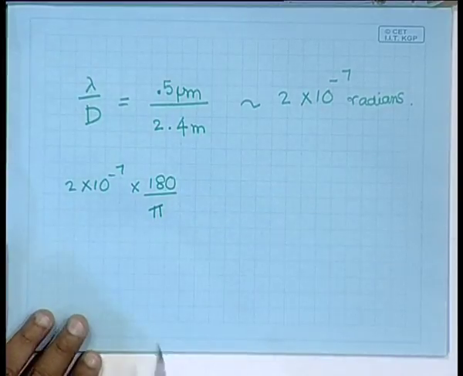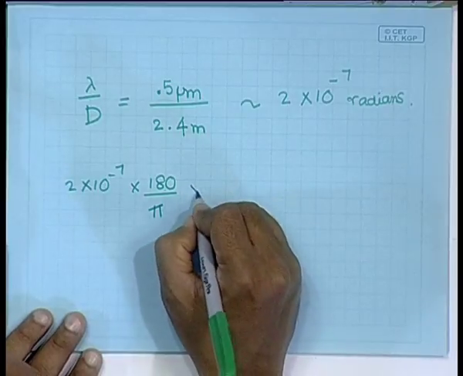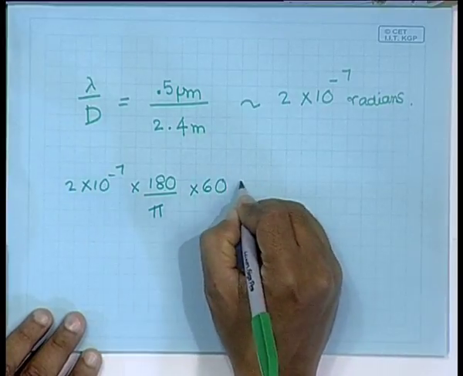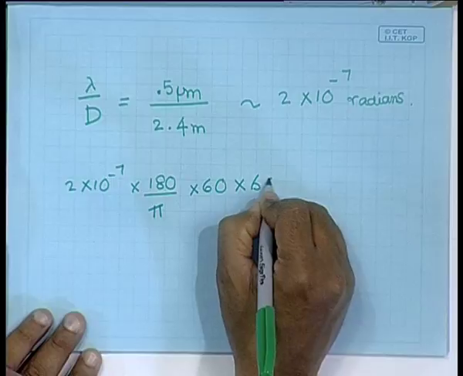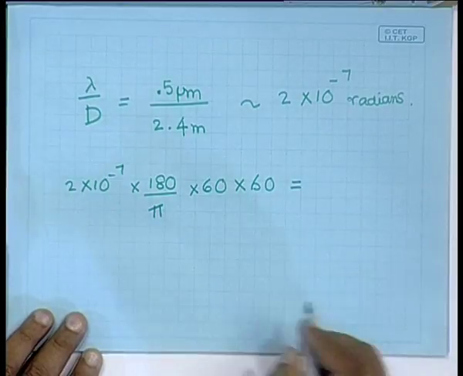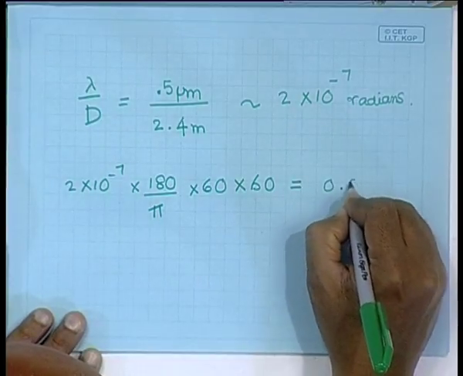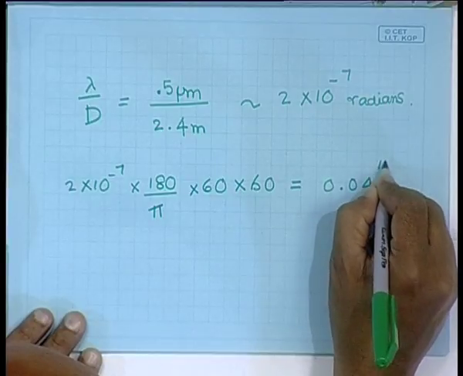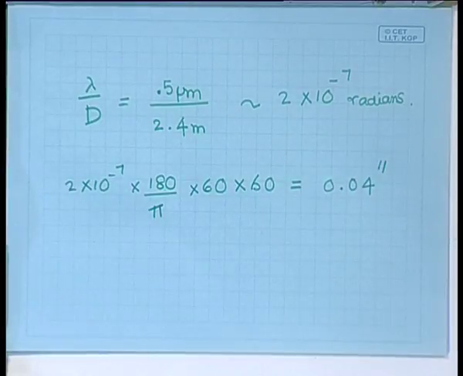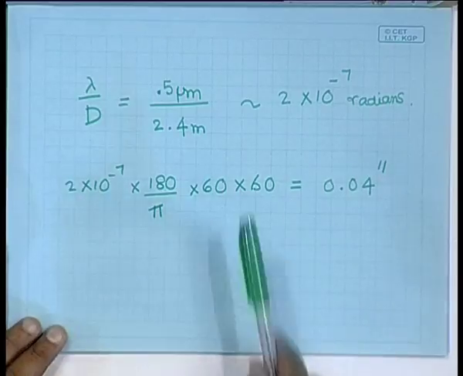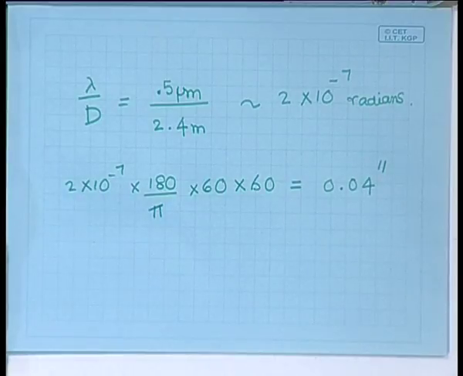You can see that this number is much less than 1, and then we multiply it by 60 to get arc minutes, and then by 60 to get arc seconds, and if you do the multiplication, it comes out to be 0.04 arc seconds. So, the angular resolution of the Hubble Space Telescope is around 0.04 arc seconds if you use this lambda by d. So, the diffraction limit is 0.04 arc seconds.